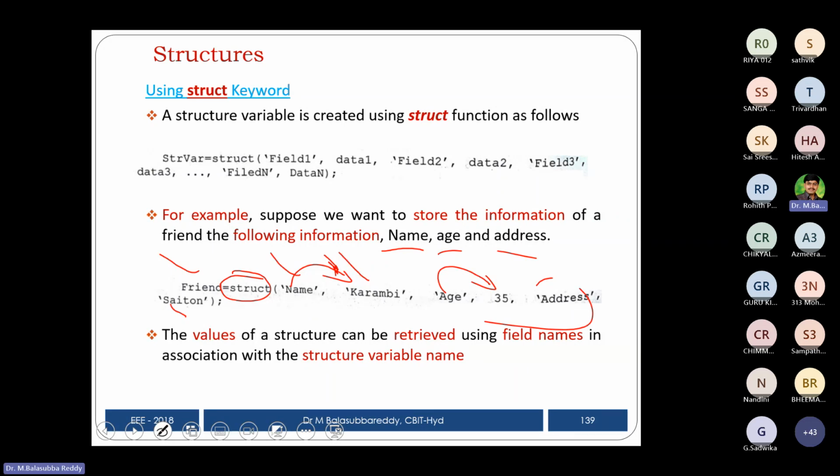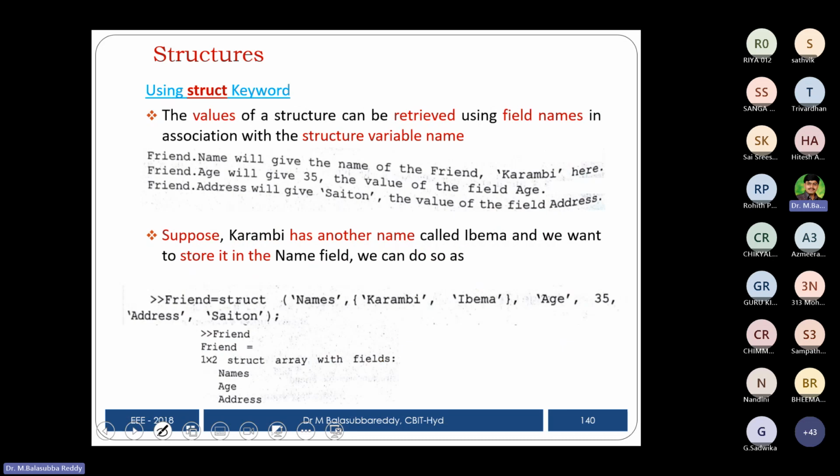Therefore, in friends, we may have many fields associated with the structure variable name. Now you can see what I'm doing. I entered the fields name, age, and address already, and I want to retrieve a field from the structure variable. You can observe this. Just a minute.